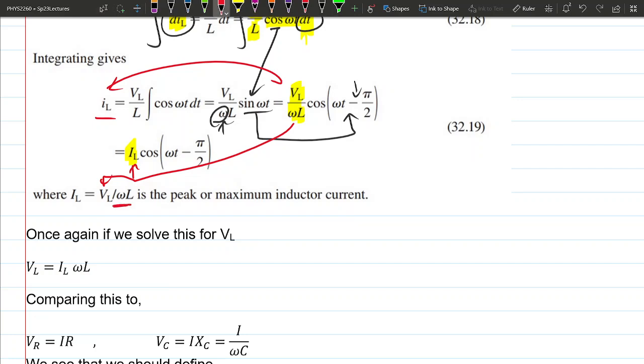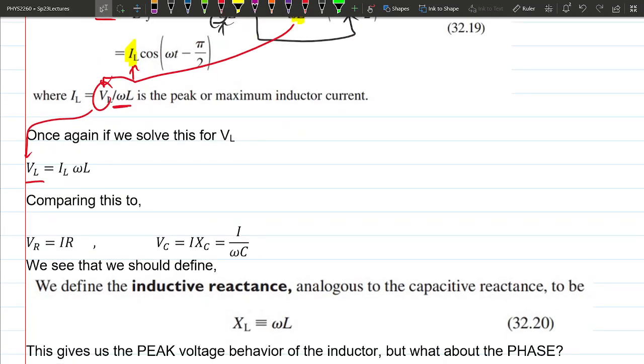If you solve this equation for V sub L, you're going to see that the peak voltage across that inductor is going to be the peak current across that inductor times omega L, right? And this is why we're going to call this omega L the inductive reactance.